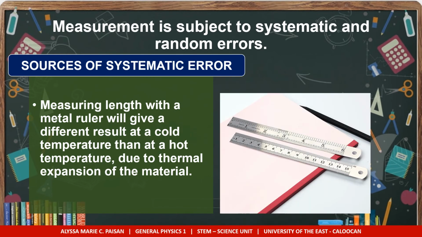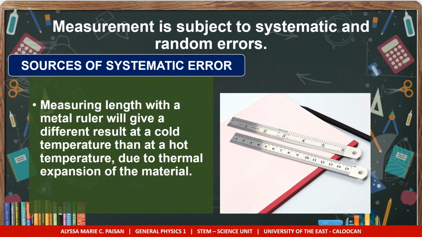Next, measuring length with a metal ruler will give a different result at a cold temperature than at a hot temperature due to thermal expansion of the material. This one is under the source of systematic error, that is improper calibration. You don't know how the measuring device works.